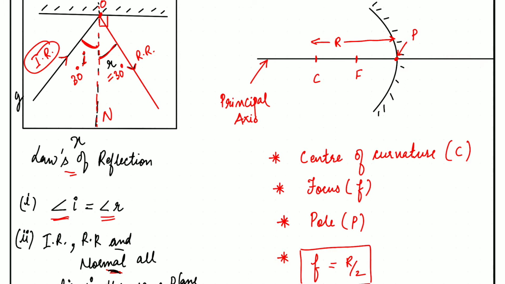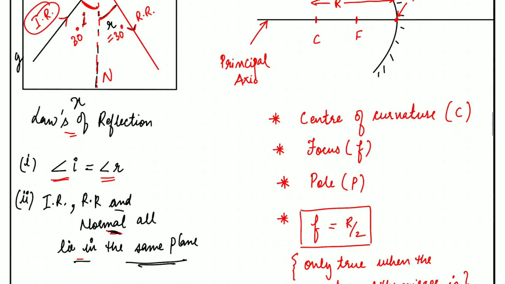Now all these things we have studied in our 10th standard. This is just a revision, that's why I'm not going into details here, right? In most of the situations that we're going to encounter, your focal length will be half of the radius, so these two lengths will be equal.